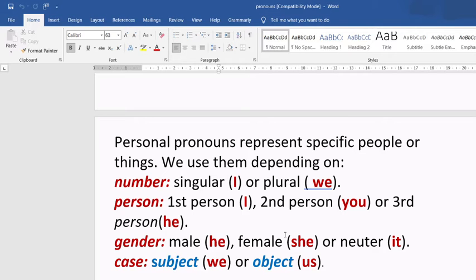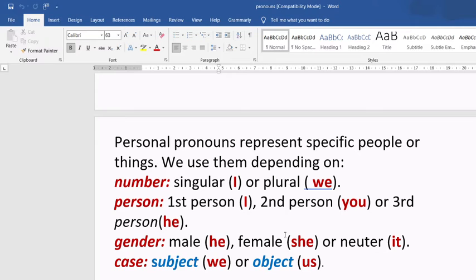So personal pronouns represent specific people or things. We use them depending on number, whether it is singular or plural, like I and we, whether it is first person, like I, second person, you, third person, he. Different persons carry different types of words, and these words are used in place of those nouns as a pronoun.